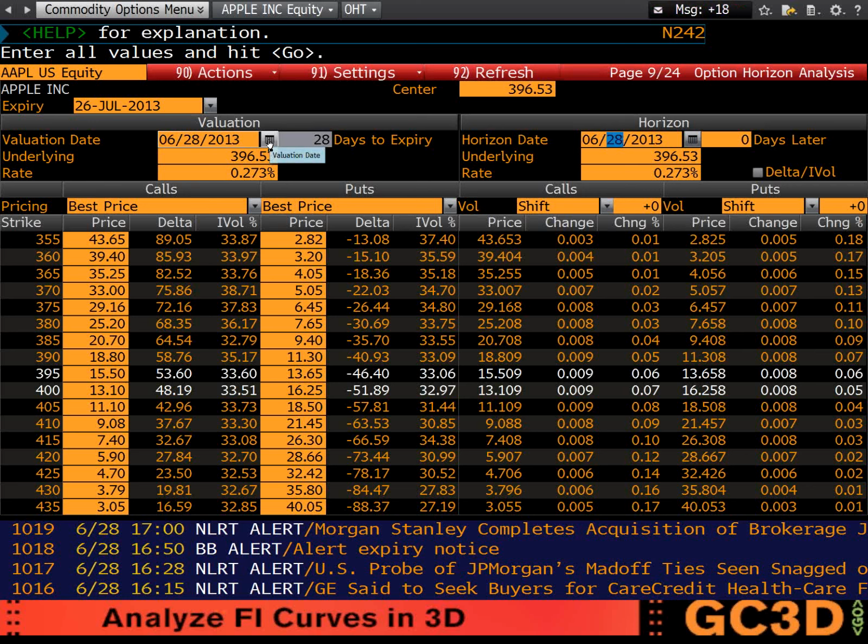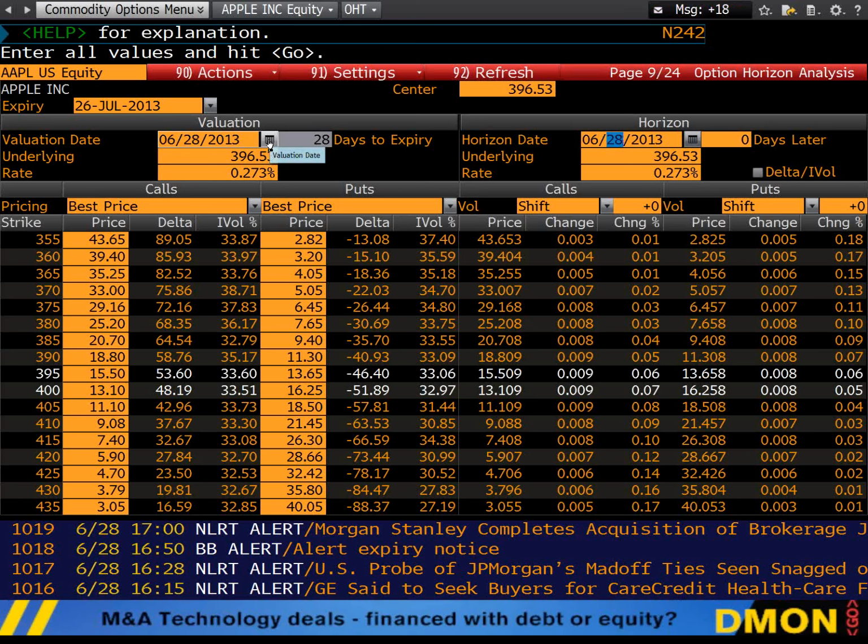So let's say that the November calls that just started rolling out are 3 months out. What the market maker will do is look at the delta of those options, and I will talk about delta in a second. In essence, every option has a delta, and you can see the column here.